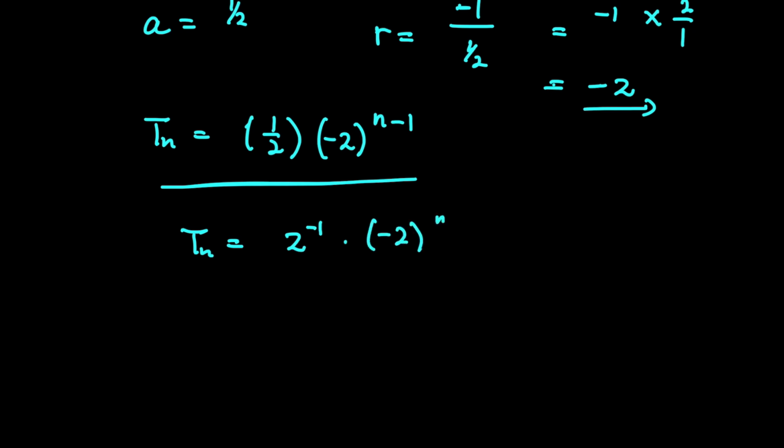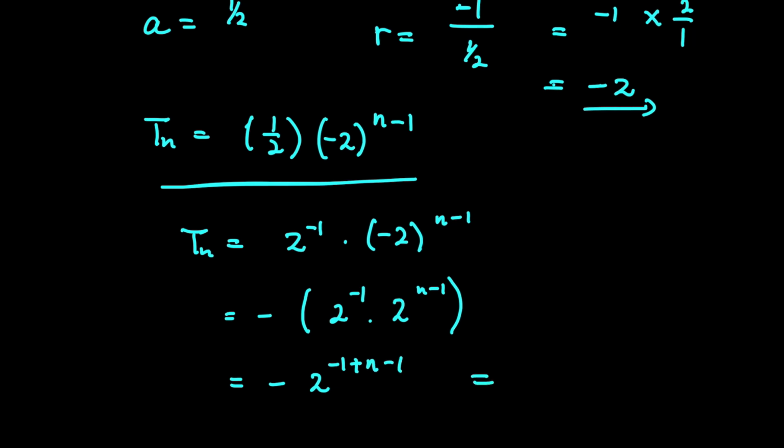Minus 2 to the n minus 1. So you can do this: minus 2 to the negative 1 times 2 to the n minus 1. Then this is minus 2 to the negative 1 plus n minus 1. This is 2 to the n minus 2, right?